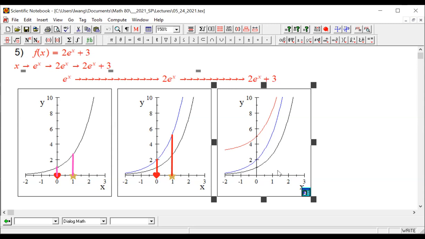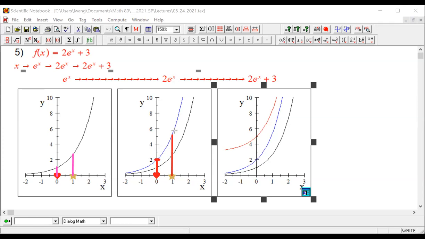So with the basic picture, e to the power x, we can do a lot of things, right? This is adding 3. So every output here, so all of these points, let me use dots.